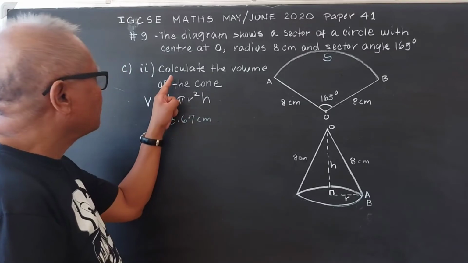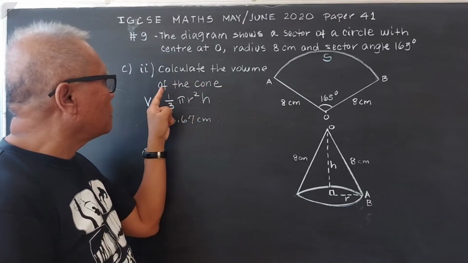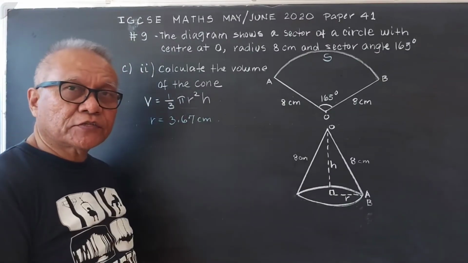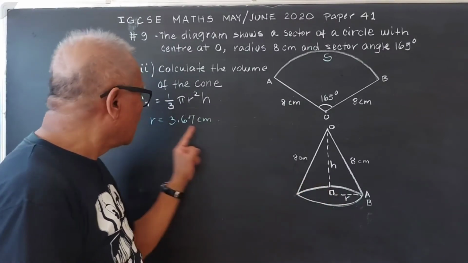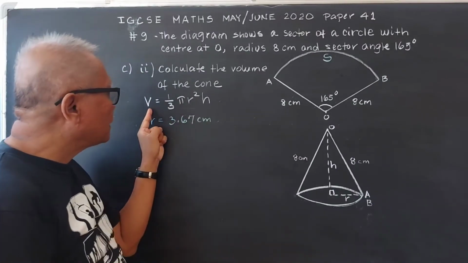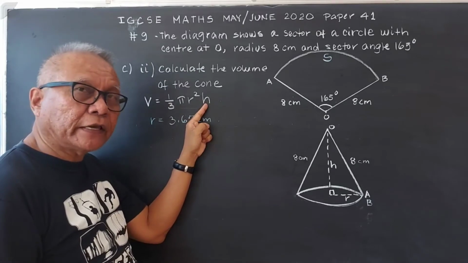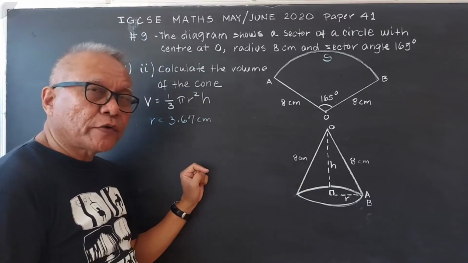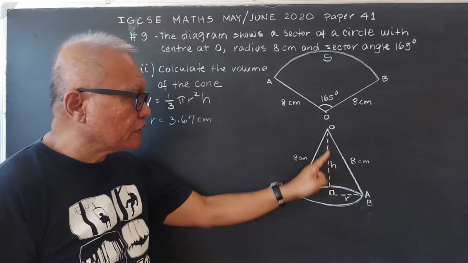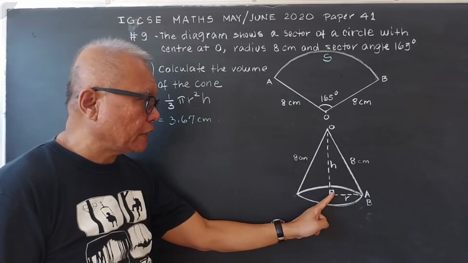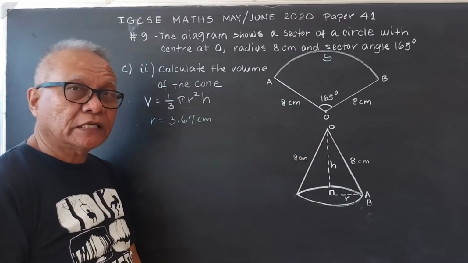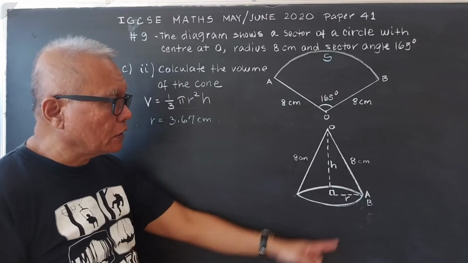C II, we have to calculate the volume of the cone. So we have our cone here, and we have already solved the radius of the cone, which is 3.67 centimeters. Now in our formula here, we don't have yet the h, the height of the cone. So we are going to solve that one by Pythagorean theorem, because this is a right triangle. The slant height of our cone is 8 centimeters, the hypotenuse of our triangle.